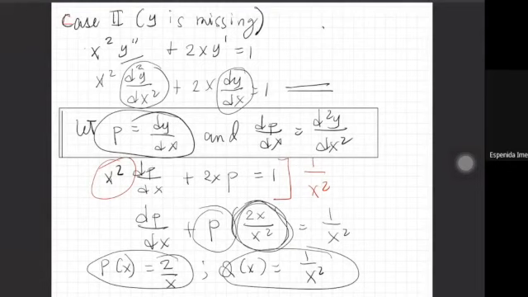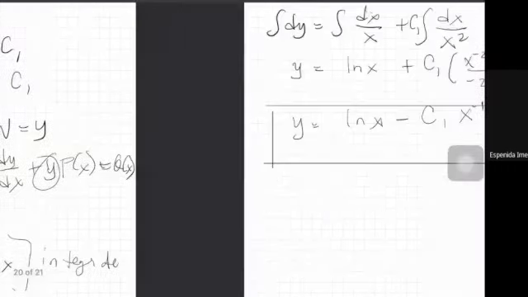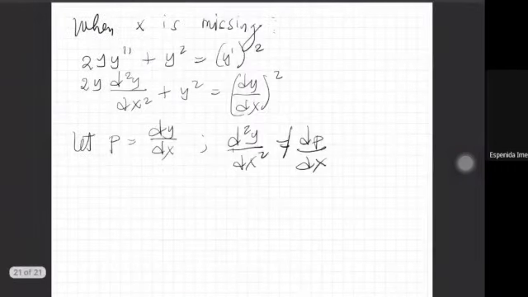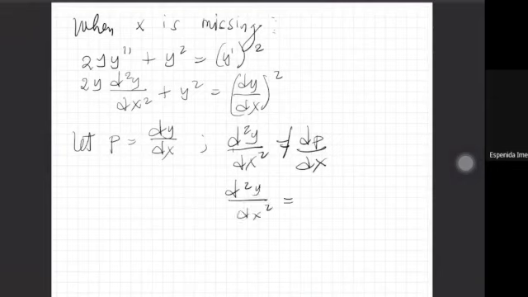But this time, since we don't have an x variable, we cannot use this one. So we're going to express our second derivative of y with respect to x as equal to p dp/dy.